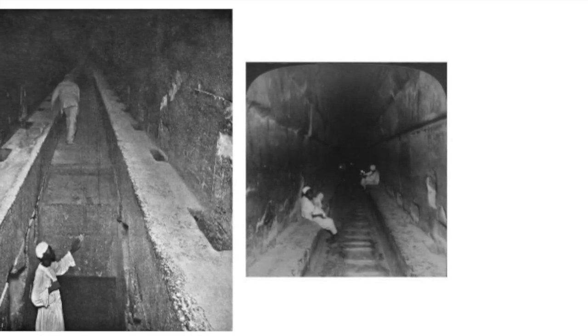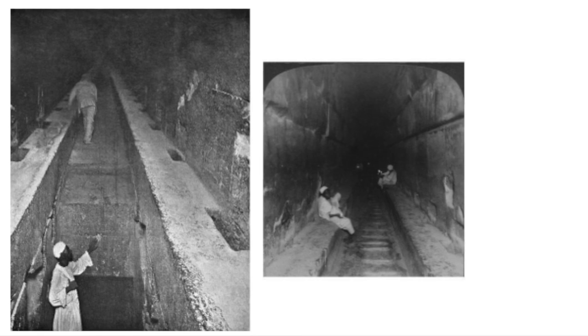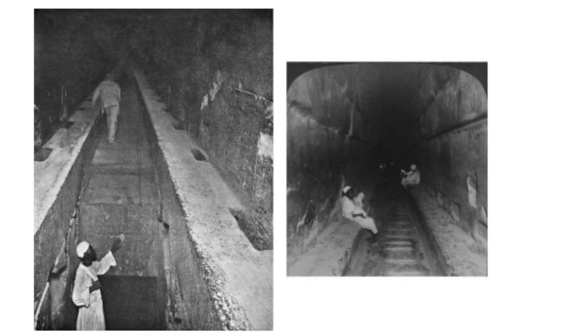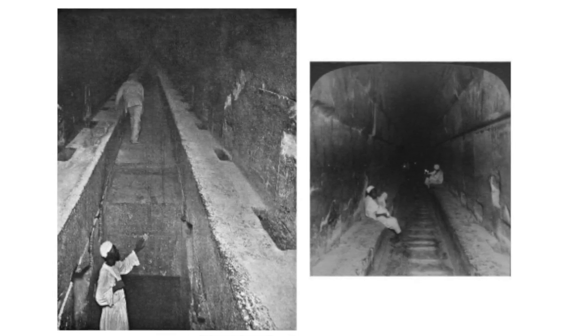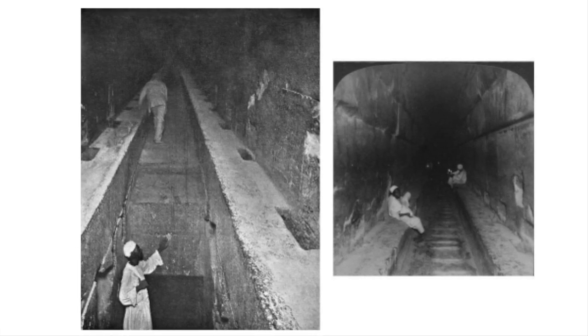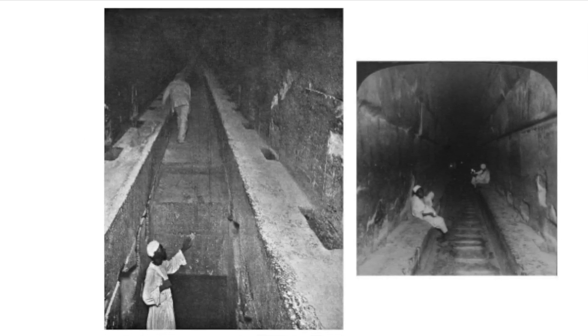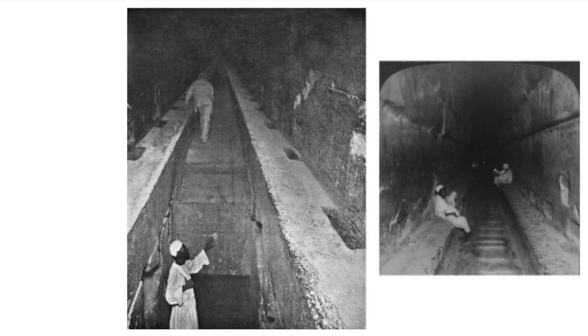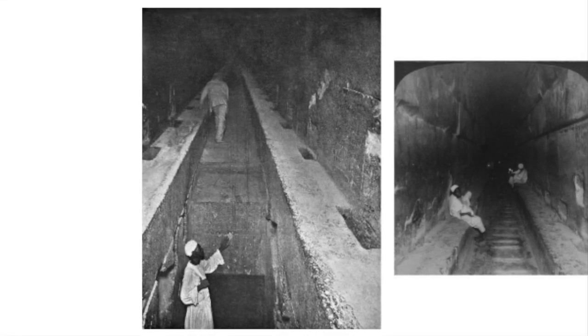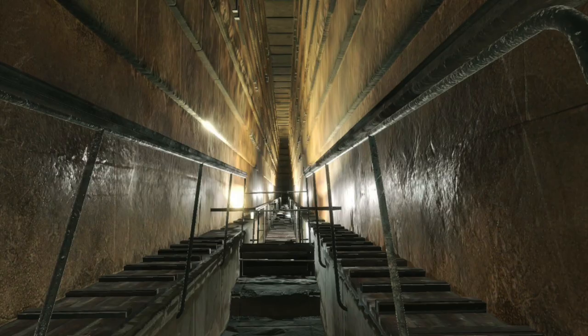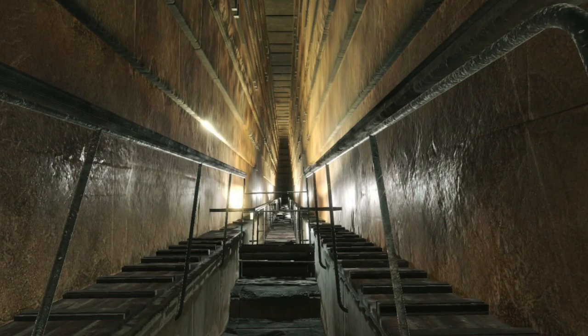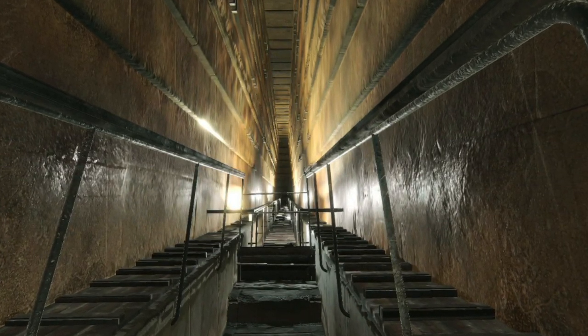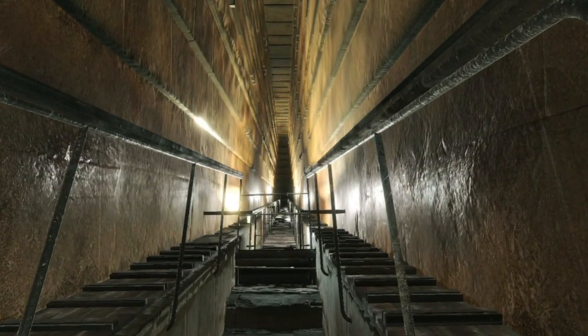No steps, no handrails, just this smooth stone path ascending upwards into the pitch black darkness. Imagine by torchlight, perhaps not even being able to see the top of the Grand Gallery, let alone several feet in front of you. Imagine knowing that one wrong move, a slip or a fall, could have you tumbling back down the gallery, resulting in serious injury or even death.